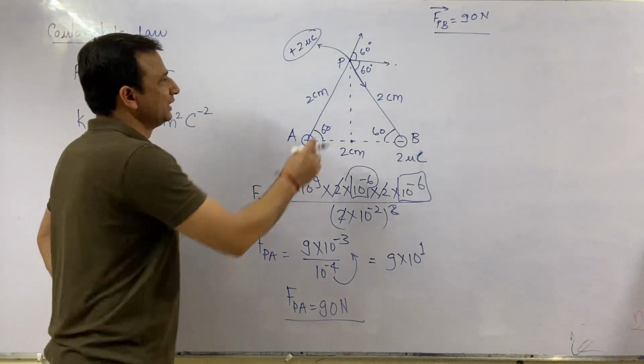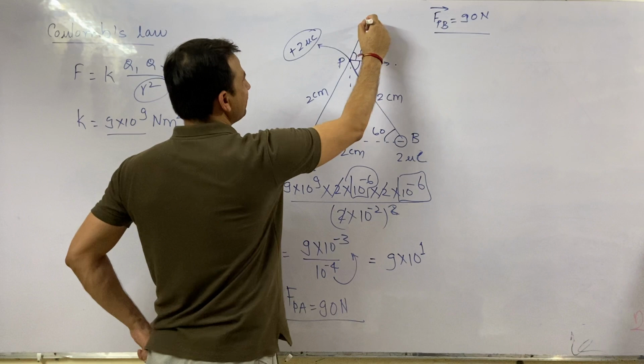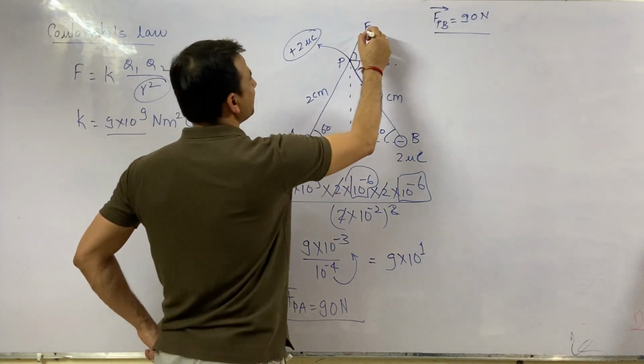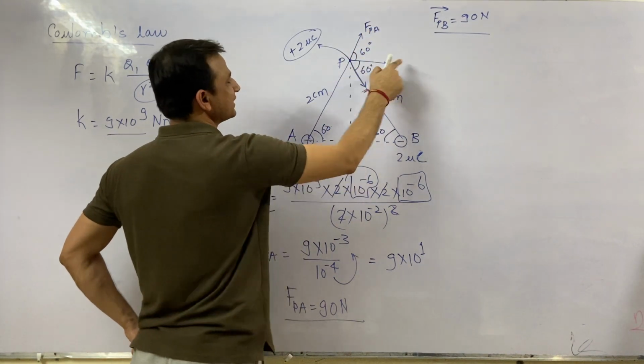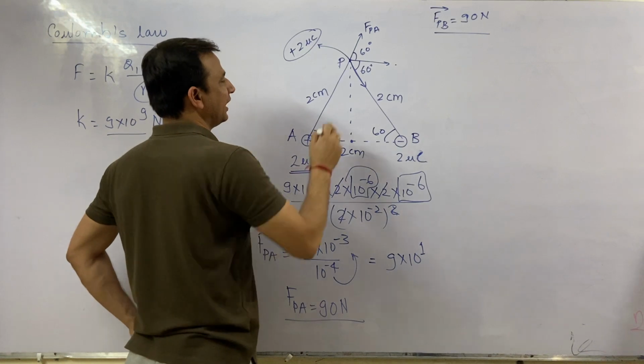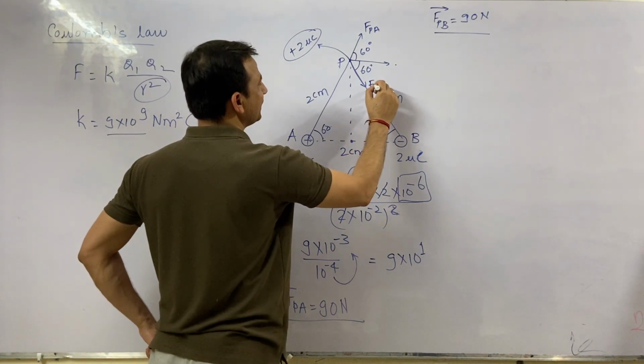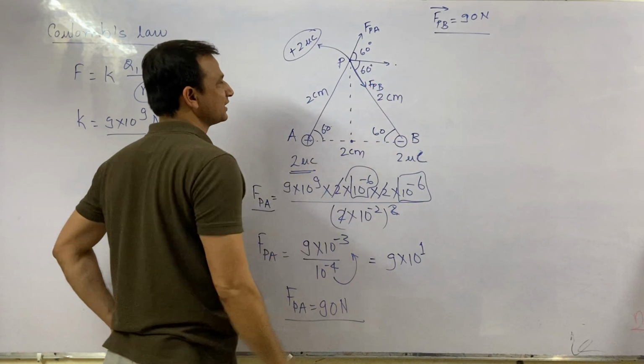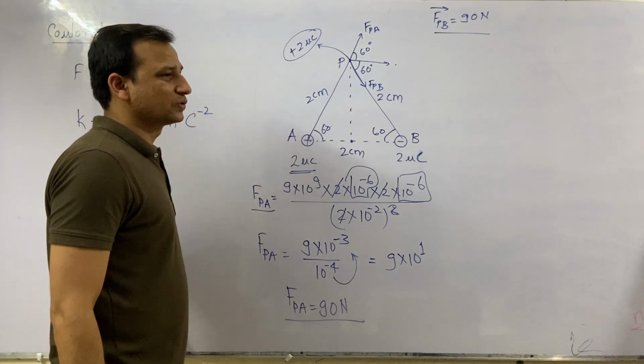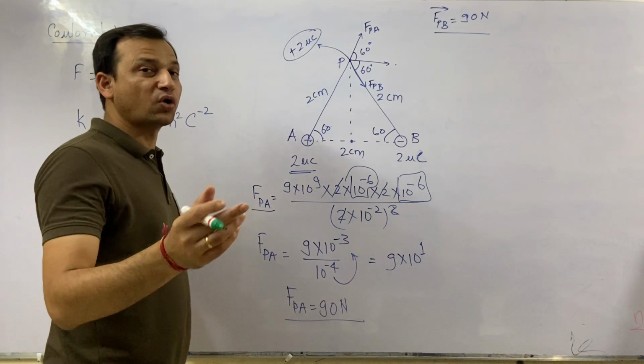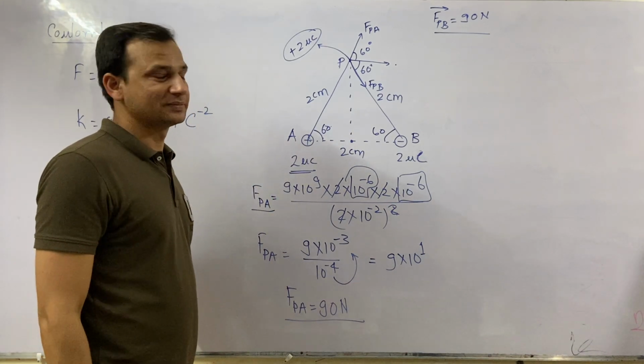Now, FPA is at 60 degree with the horizontal, and FPB is also at 60 degree with the horizontal. So we can find the components of the forces.